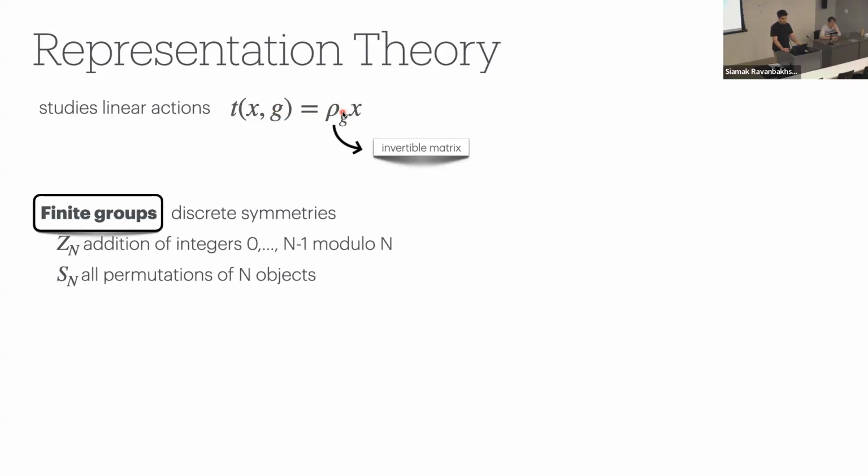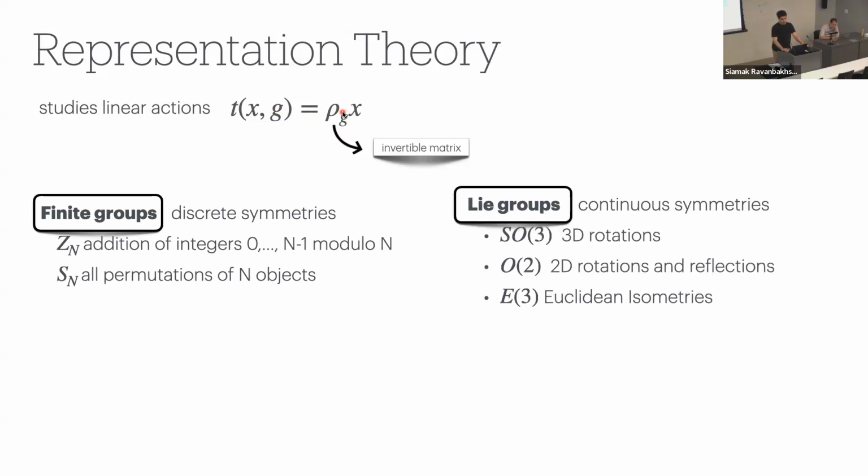So when talking about symmetries or groups, we usually talk about either finite groups that correspond to discrete symmetries, like the set of all permutations of n objects, or cyclic translations, or we talk about continuous symmetries, which are represented by Lie groups, such as continuous 3D rotations.